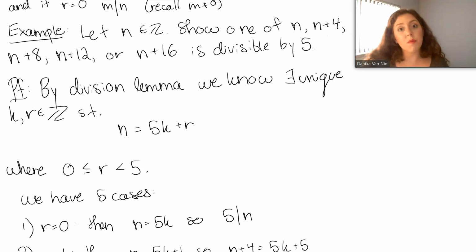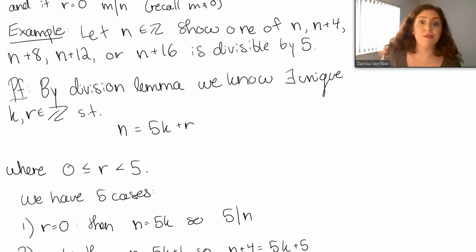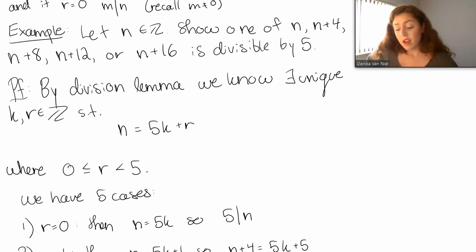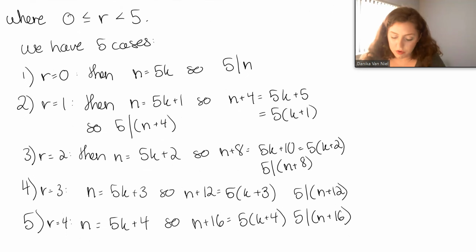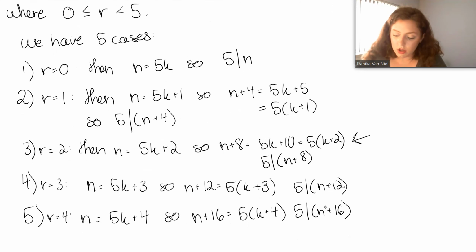This is kind of like when we talk about how an integer has to be even or odd. No matter who n is, r has to be 0, 1, 2, 3, or 4. If it's 2, then you would look at n plus 8. If it was 0, then you're done: 5 divides n.